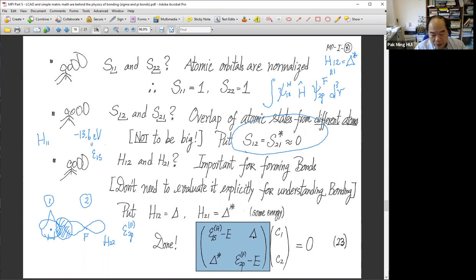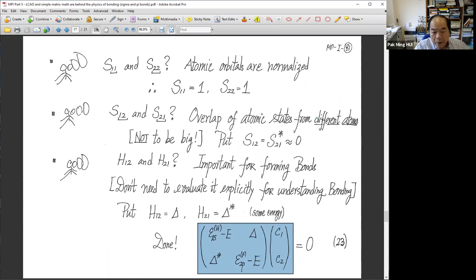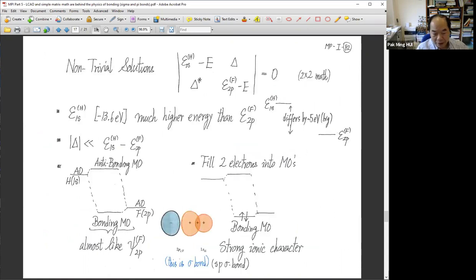The whole problem simplifies to a very familiar matrix problem, okay? And that is the way to think about bonding, that's the point. So here everybody knows how to solve this, okay? By perturbation or even exactly, we know that the higher one, so the hydrogen, will be slightly pushed up, okay? You even know the amount, right?